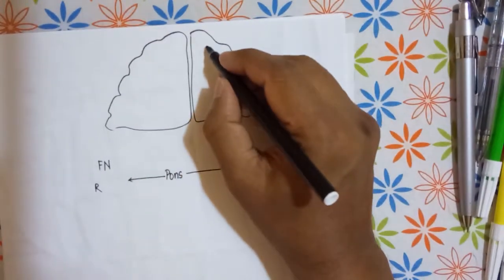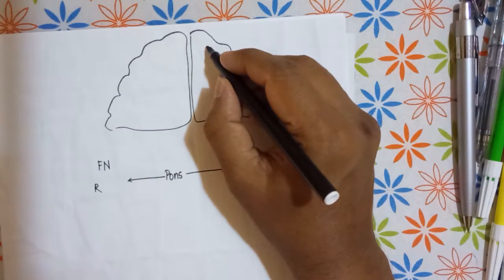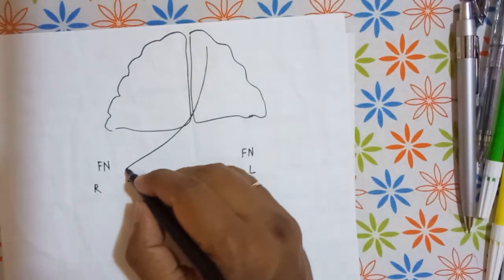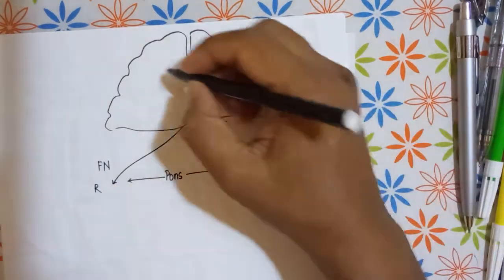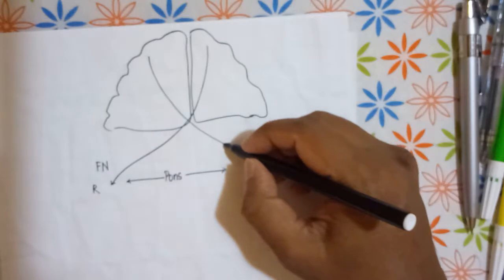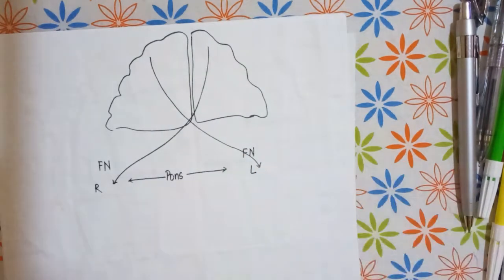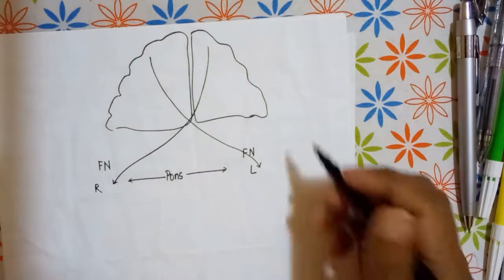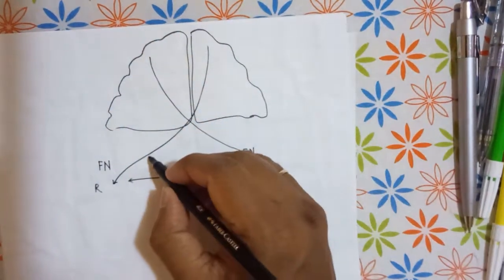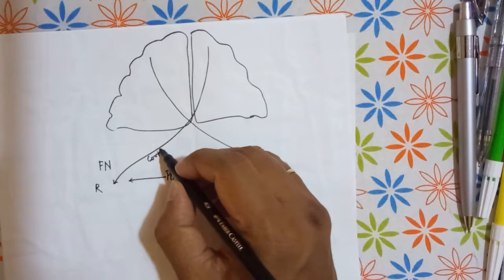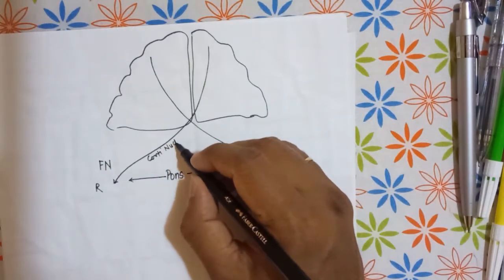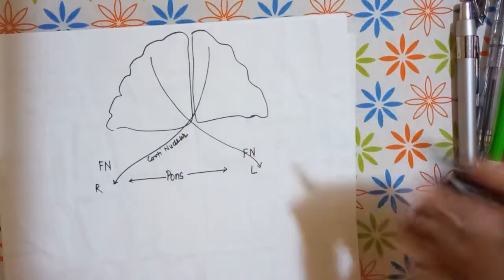My left cerebrum will control my right facial nerve, and my right cerebrum will control my left facial nerve. So these are contralaterally controlled. These fibers are called corticonuclear fibers, because they go from the cerebral cortex to the facial nerve nuclei.